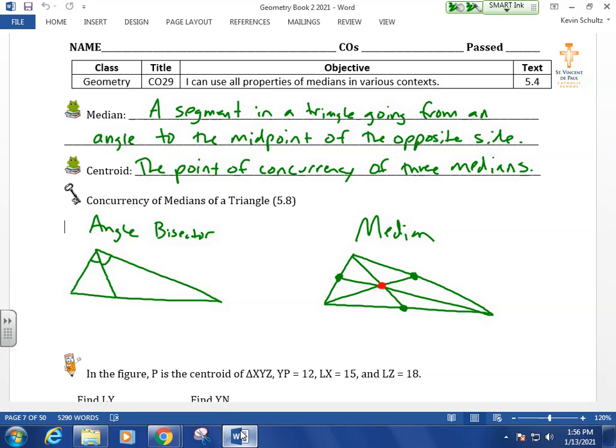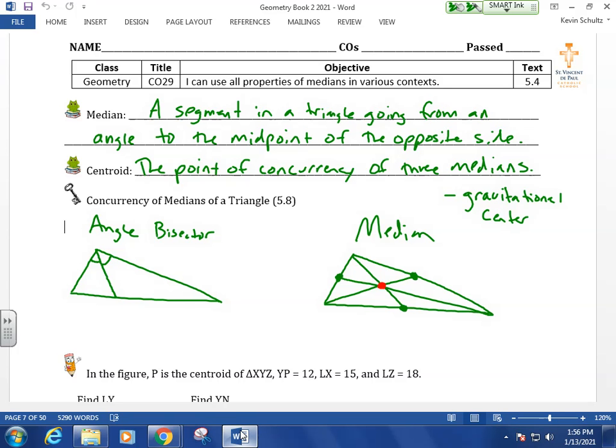And there are two things that we care about when we're talking about a centroid. First of all, it's what you can call the gravitational middle, or the gravitational center. That centroid point is where, if you were to balance a cardboard triangle on the tip of a pencil, that's where you would need it to be.